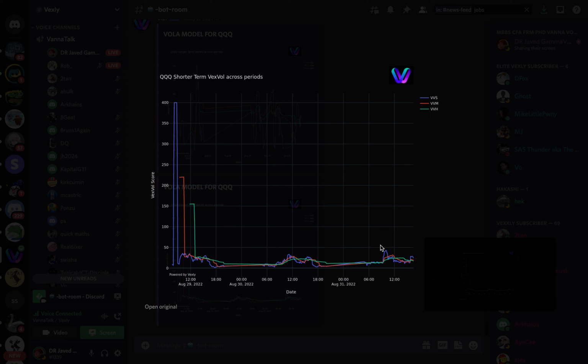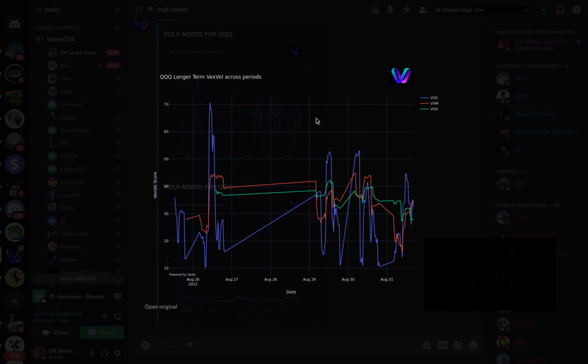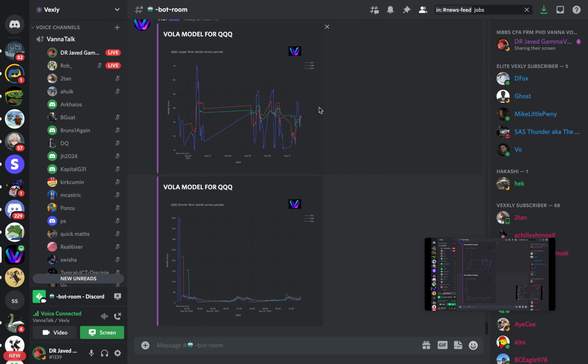Essentially, when you have a divergence like this on the shorter term, like this, so VVS is trending, flatlined here, divergence sort of started here and had a bit of a flat line. Plus, on top of that, you see the same thing happen on the longer term version. That's usually a decent time to go long.